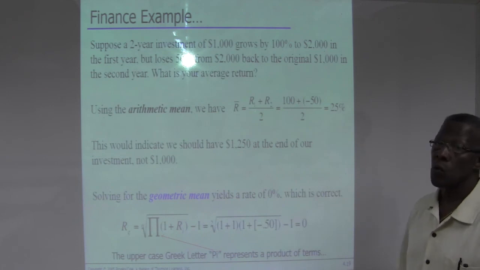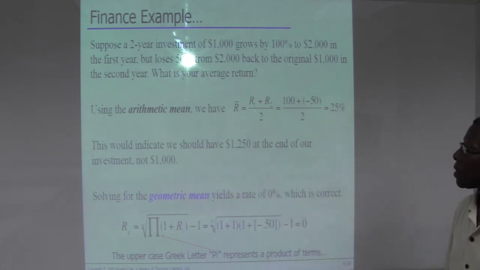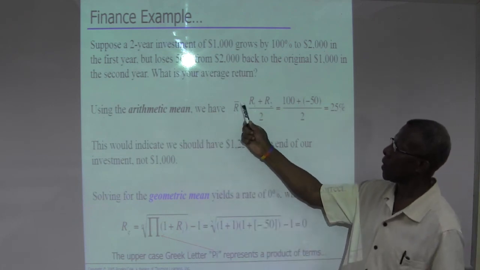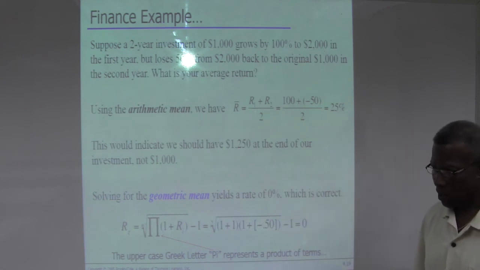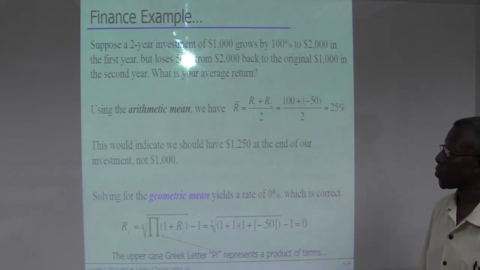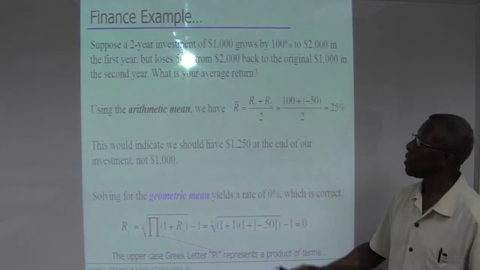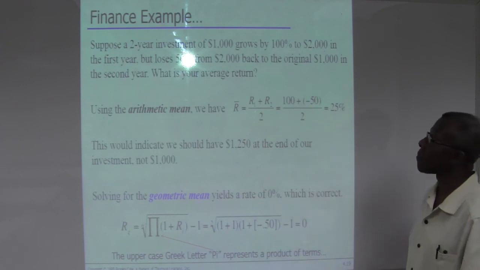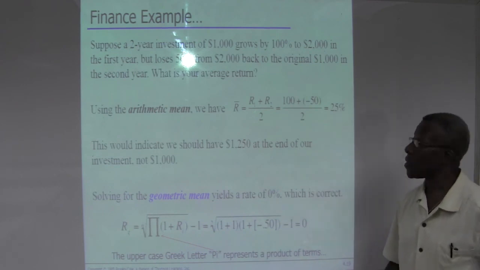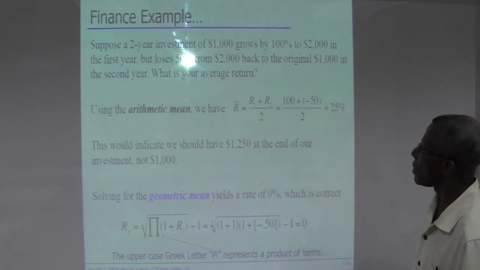We're going to use the arithmetic mean first. The average rate of return, we call it R bar. R1 is the rate of return in the first year, R2 is the rate of return in the second year. Remember, the first year, the rate of return is 100%, and in the second year, the rate of return is minus 50%.